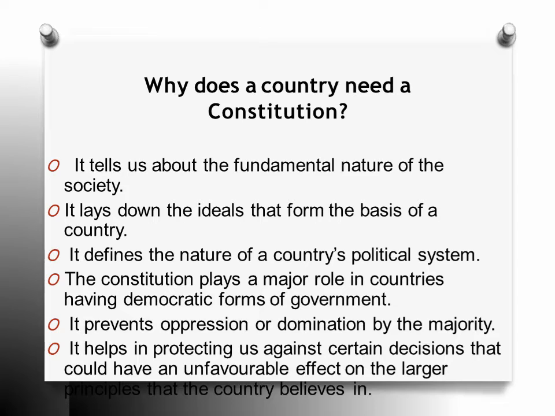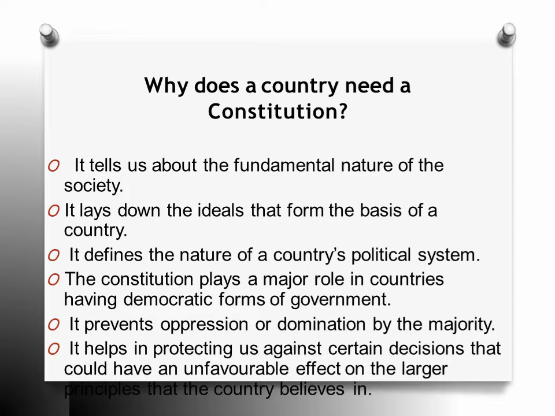So the last topic of this chapter is the Indian Constitution and what are the key features. When the Constituent Assembly was about to make the constitution, it had in its mind that the country was made up of several different communities who spoke different languages and belonged to different religions and had different cultures.